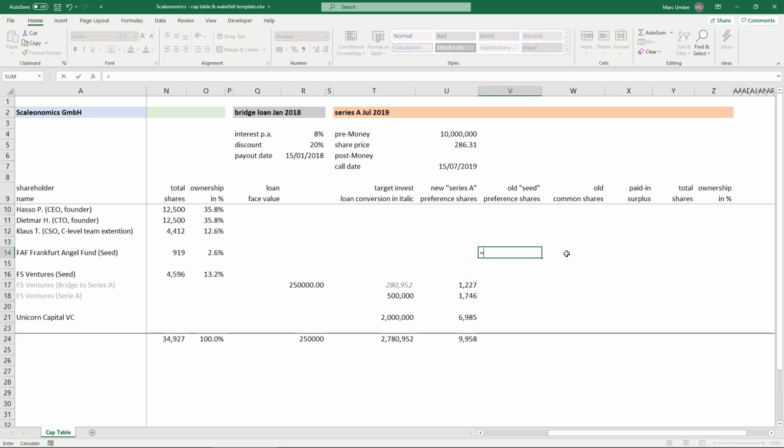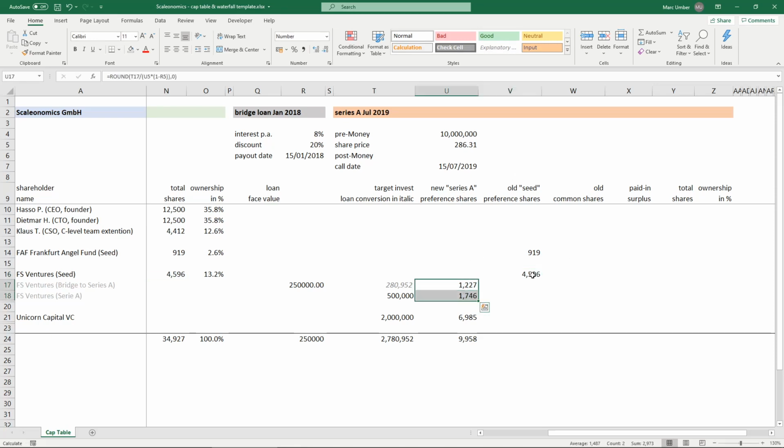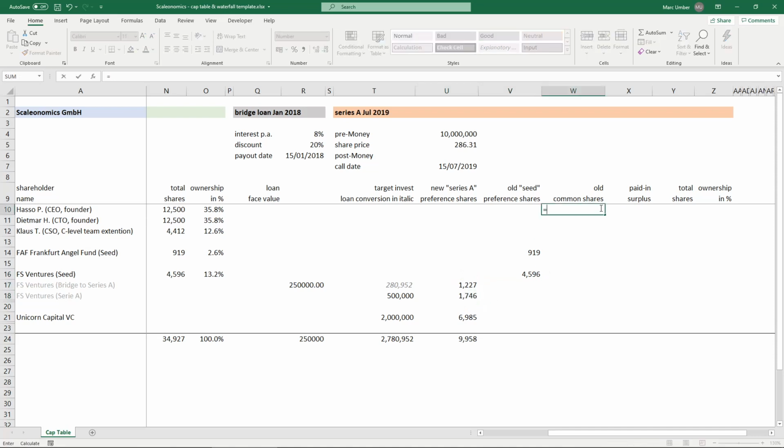We have old Series A shares. These are the seed investors. Frankfurt School now holds seed shares, seed preference shares, and Series A preference shares. And we have the old common shareholders.